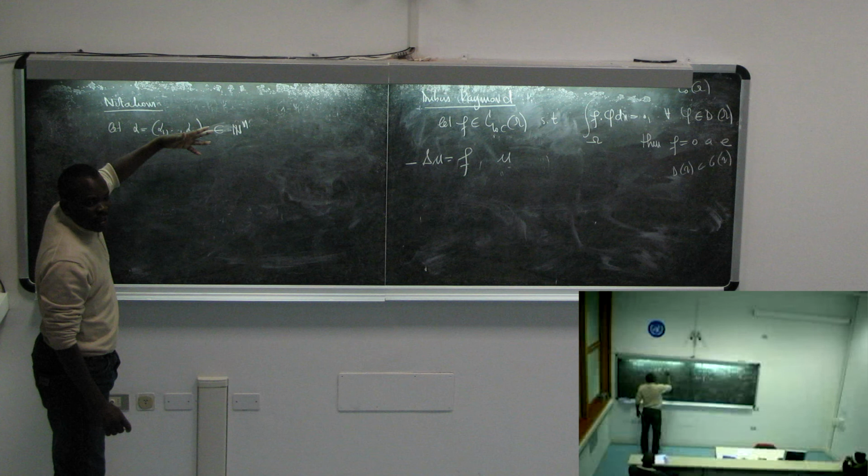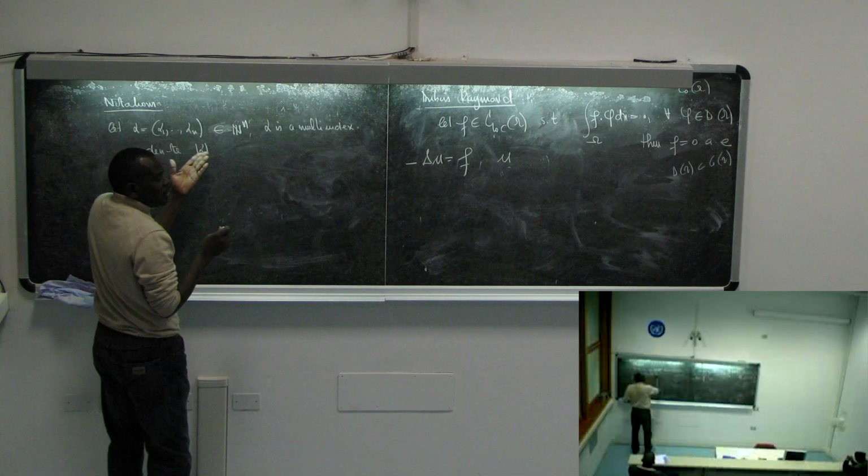We denote by absolute value of alpha the length of alpha, and the length of alpha is defined to be the sum for i equals 1 to n of alpha_i. This is the length.